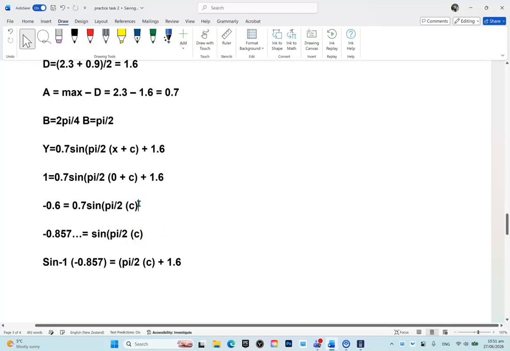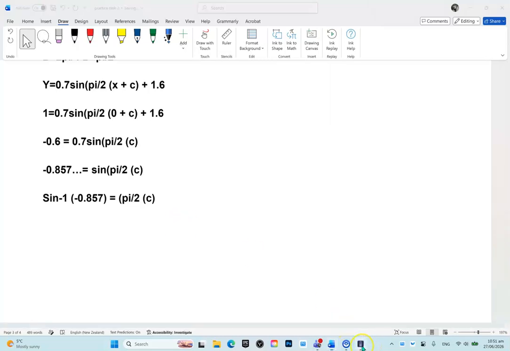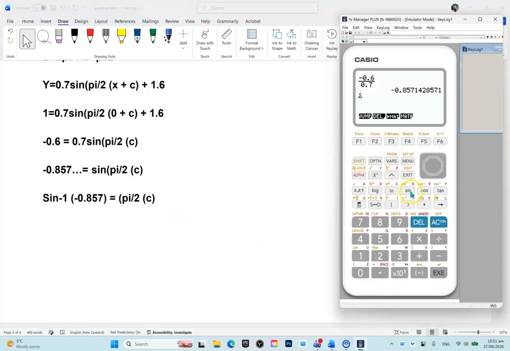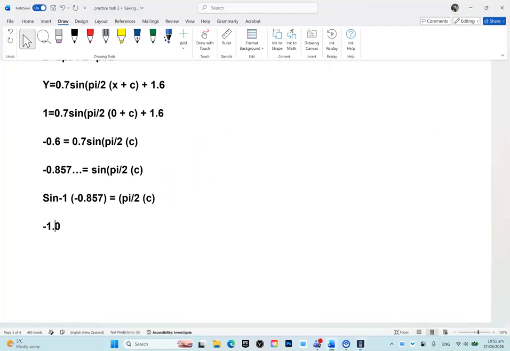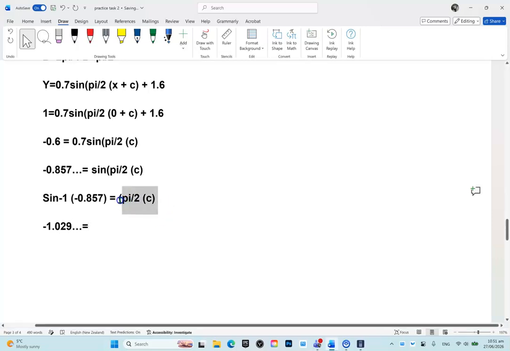Get rid of that. And if we go to our calculator and we put in that and shift answer, okay, it just doesn't want to do it, I guess. Alright, you'll get negative 1.029, so negative 1.029 dot dot dot equals pi over 2 times c.